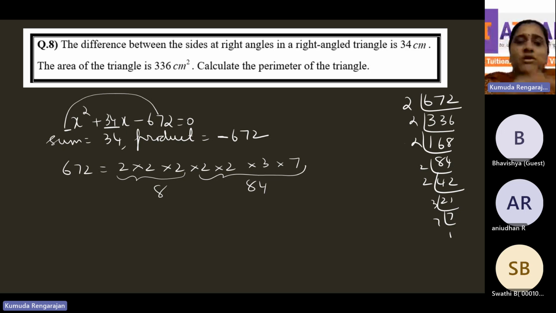When you add 84 and 8, you will get 92. When you subtract, you will get 76. You cannot get 34 at all. You need to get the sum as 34.